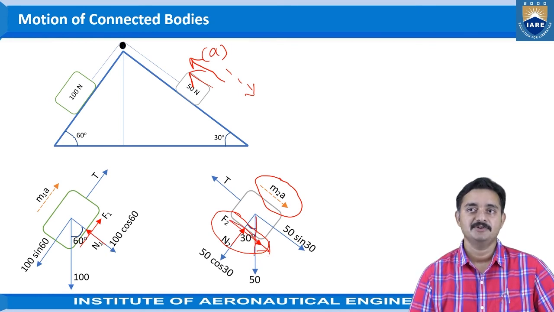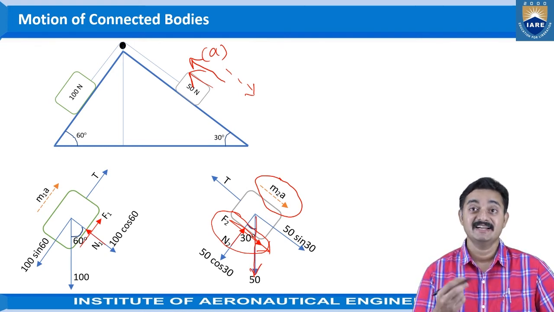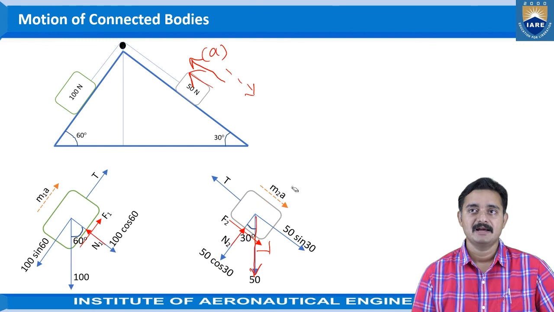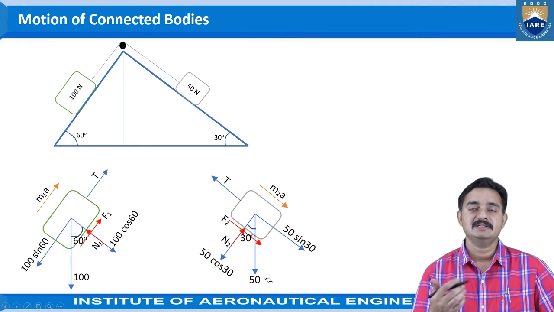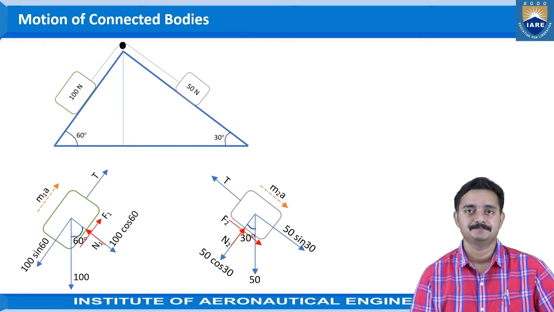And this 50 Newton force is the vertical force. Hence, it would be an inclined force for the inclined plane case that is selected. Then this 50 Newton will be resolved into components, along the plane component and normal to the plane component.